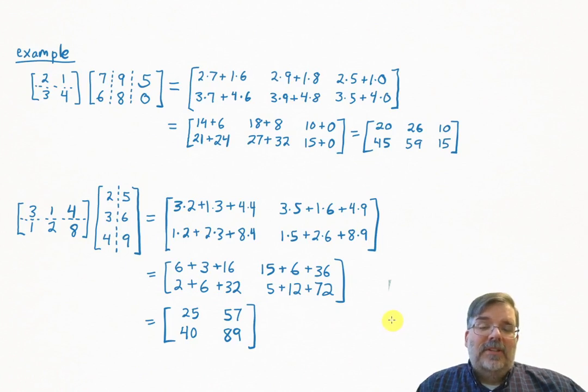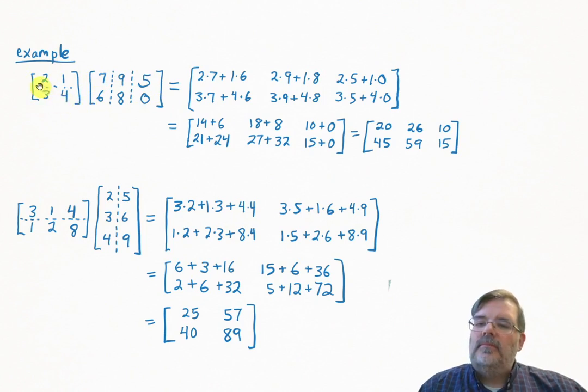So now let's look at some examples of actually doing the calculations. Here we have a 2 by 2 matrix multiplied by a 2 by 3 matrix. To calculate this, let's partition the first matrix into rows, the second matrix into columns, and calculate some dot products. So we have 2 times 7 plus 1 times 6. Then we have 2 times 9 plus 1 times 8. We have 2 times 5 plus 1 times 0.